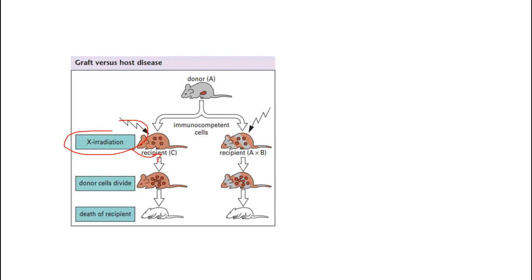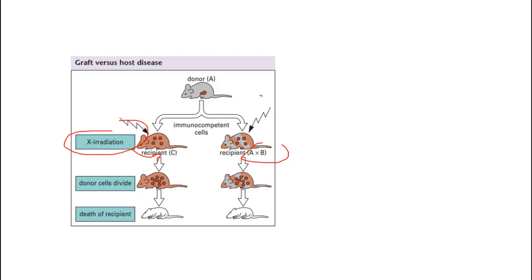Immunocompetent cells from a donor of type A are injected into an immunosuppressed, that is X-irradiated, host of type C, or a normal A cross B mouse, that is the F1 recipient of donors A and B.